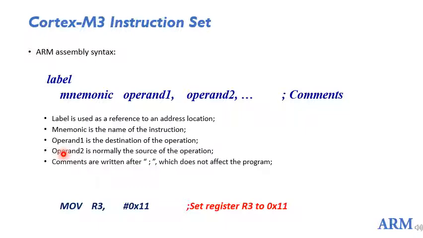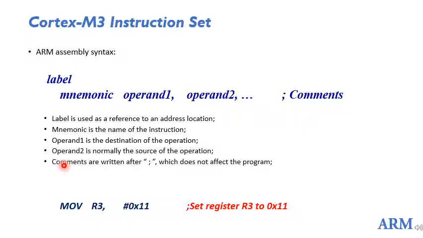So operand 1 here functions as a destination register as well as one of the data, followed by a semicolon and a comment. Comments are written after the semicolon. Whatever follows the semicolon symbol will be treated as a comment and will be non-executable. It will not affect the program.